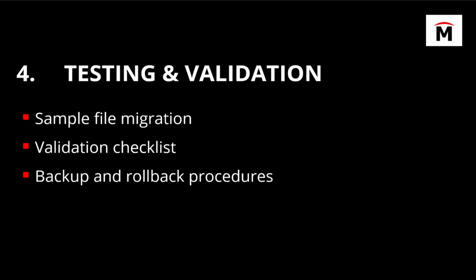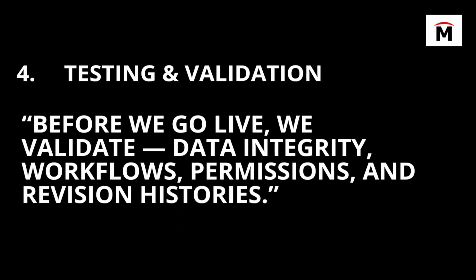This is key going into your go live, because this is what's going to ensure that our permissions and our setup are truly functioning the way that you desire. Before we go live, we validate data integrity, workflows, permissions, and revision histories, and everything involved in the system.